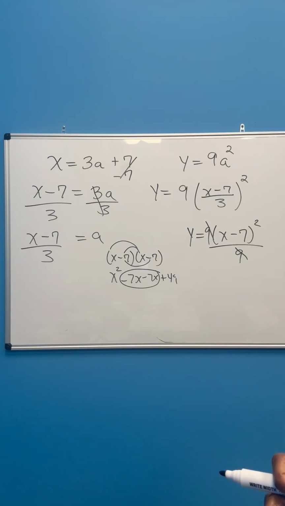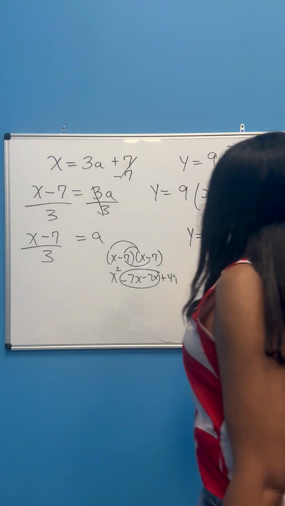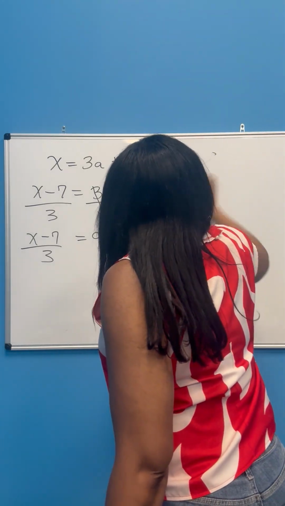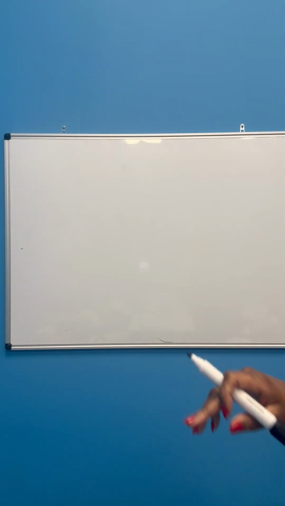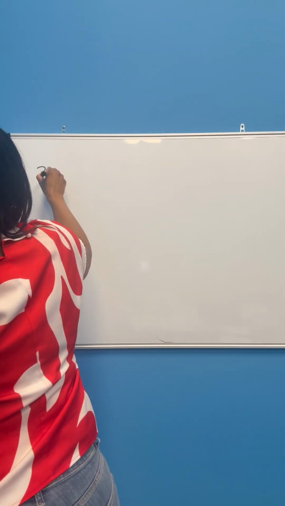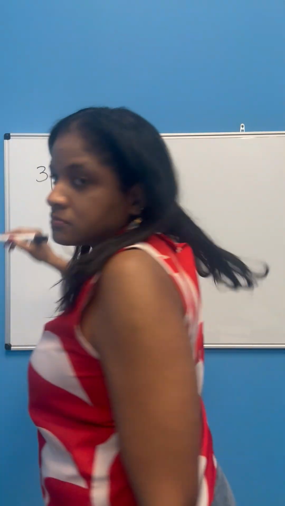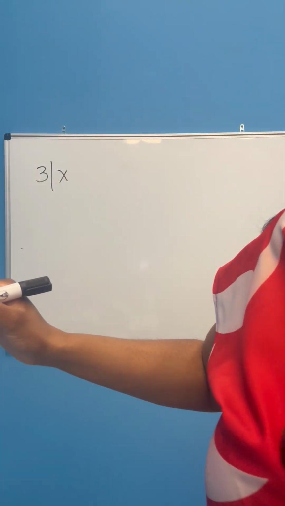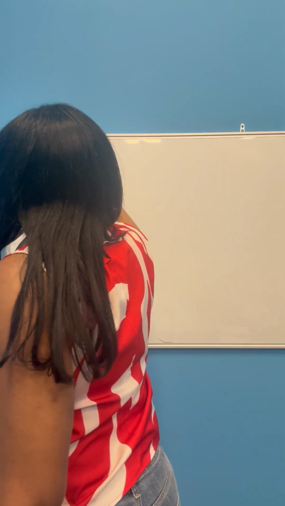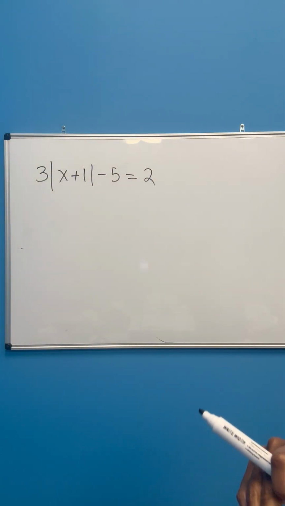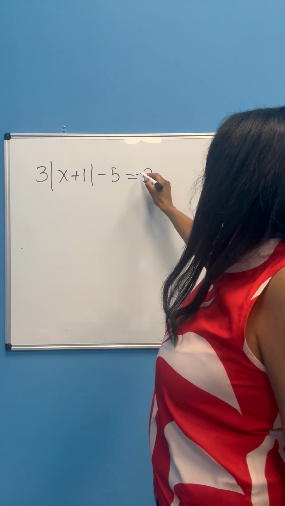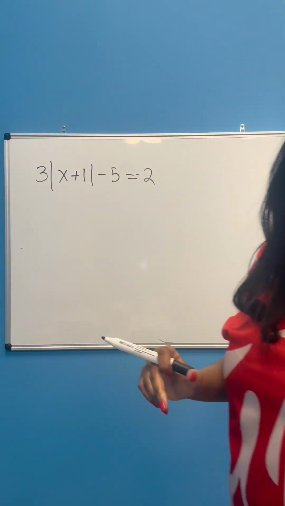All right, here's another one. Which of the following is a solution? We have negative 2, we have an absolute value here, and we're solving for x.